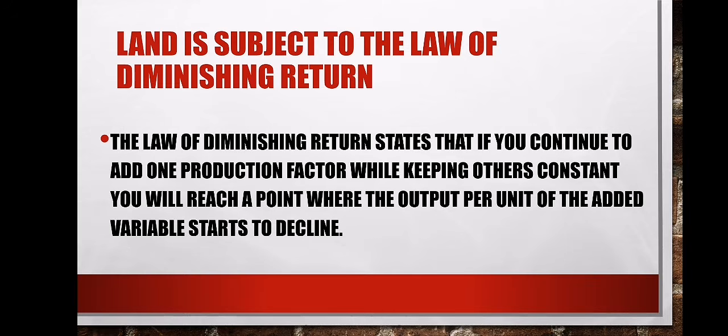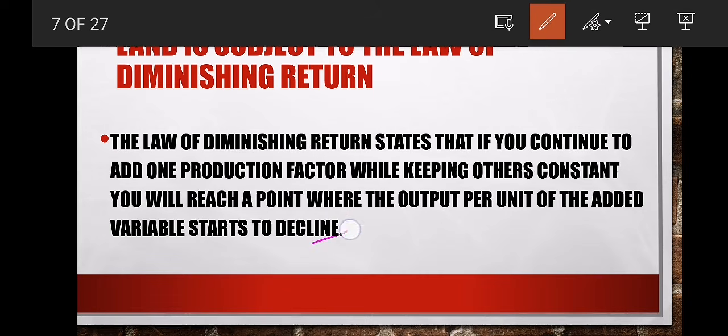As we have seen, you add, it increases, and then it becomes constant, whereby it reaches the maximum production potential. And if you continue adding, what are they saying here? They are saying it will start to decline. Hence we say it is the law of diminishing return.